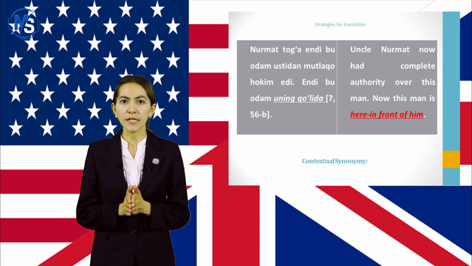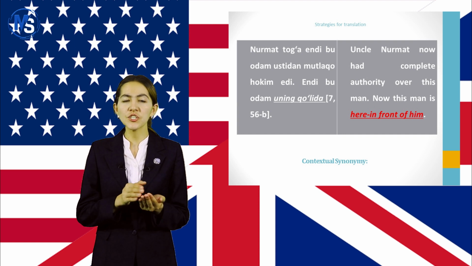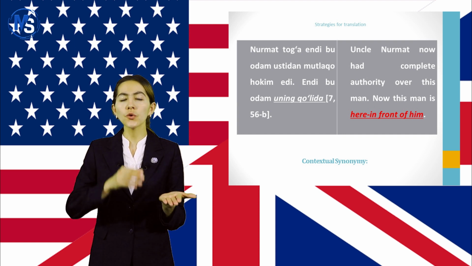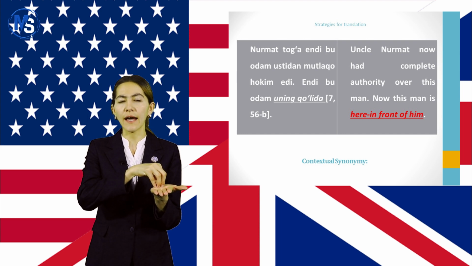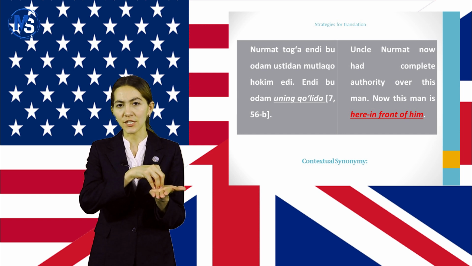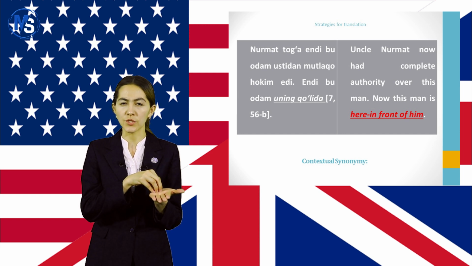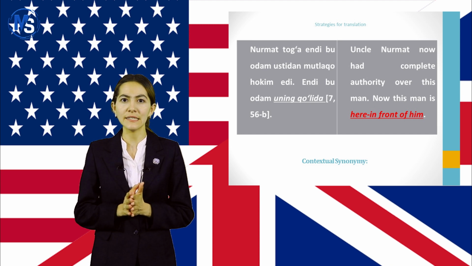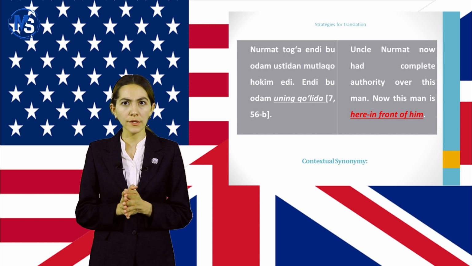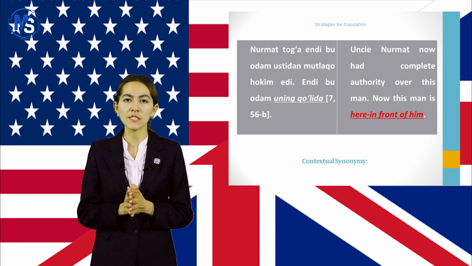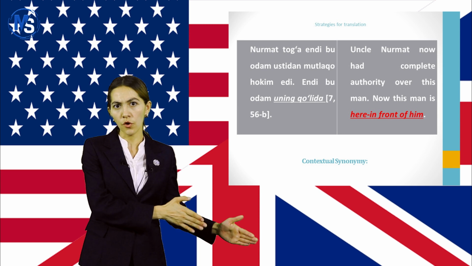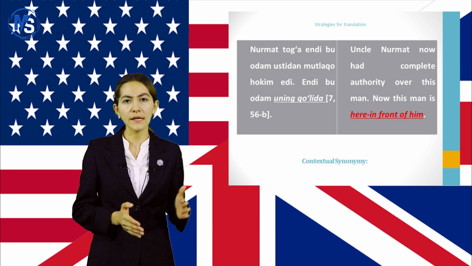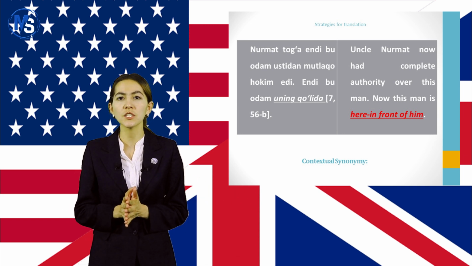This originally means in his hand, but it does not have such a meaning in our translation. That's why we should translate it like this: Uncle Nurmat now had complete authority over this man. Now this man is in front of him, so they are here together, this expression means.